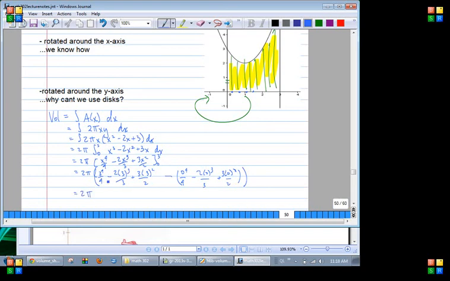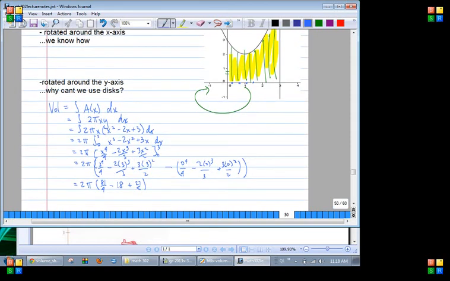So let's try to do some arithmetic. And then doing arithmetic, whatever that works out to be.